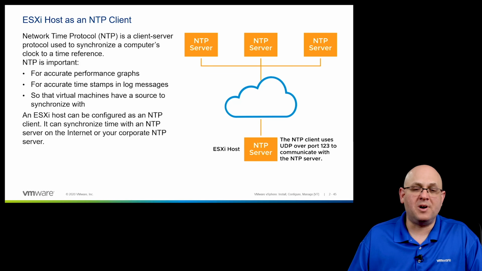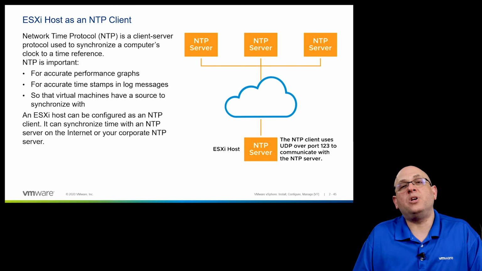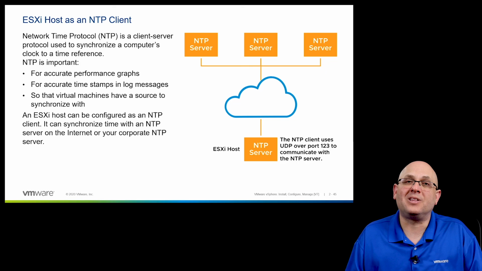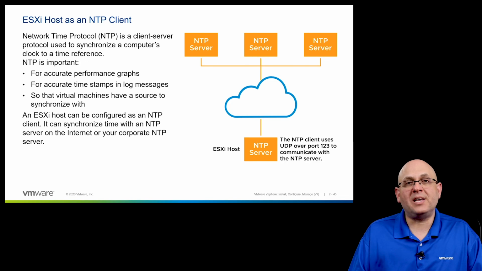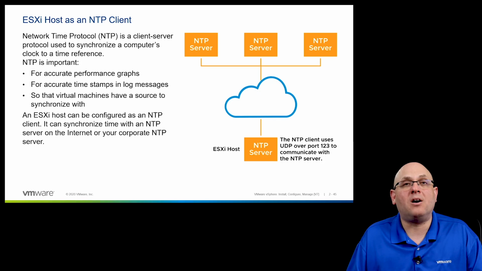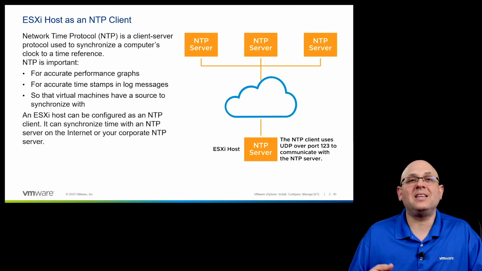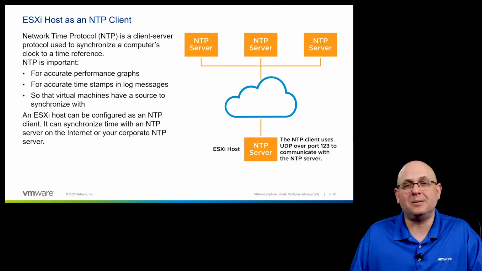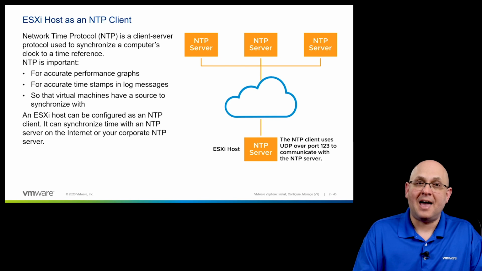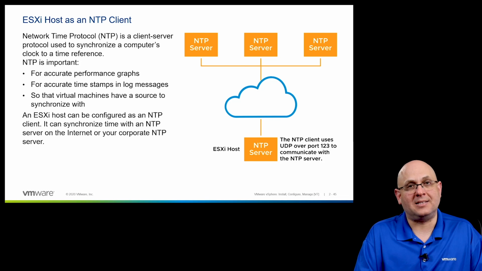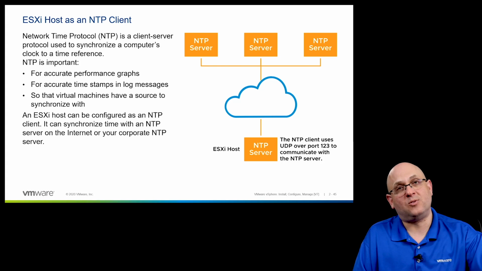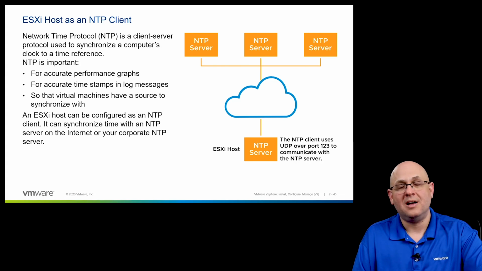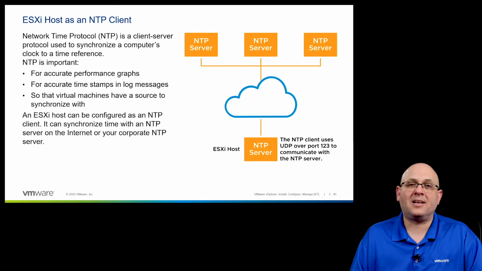Now, this is important for a number of reasons. Of course, if we're using Kerberos-based authentication like Active Directory does, much of those certificates that are involved there rely on time. So if you have a significant time drift between systems, especially the Active Directory client, and in this case, ESXi or vCenter would be that Active Directory client, and your Active Directory domain controller, if there's time drift there, authentication will not work.